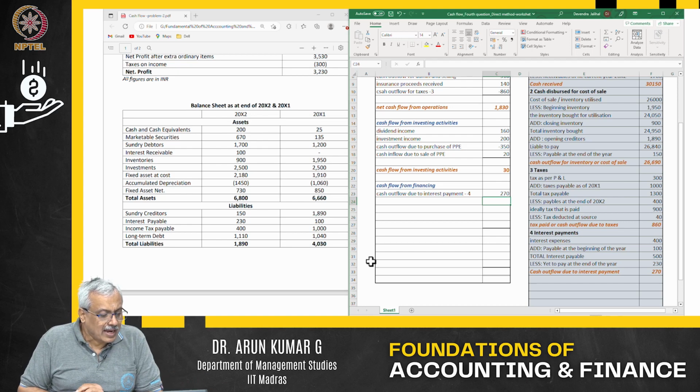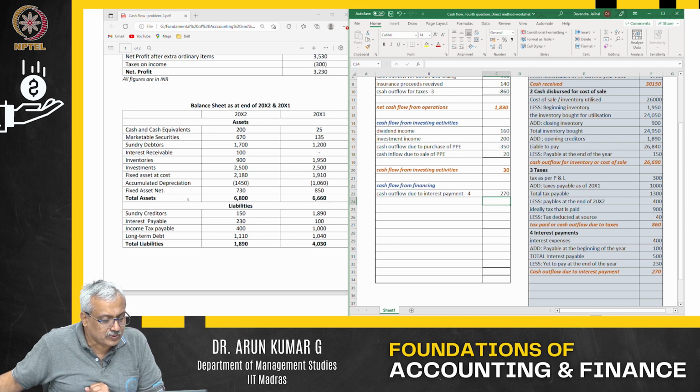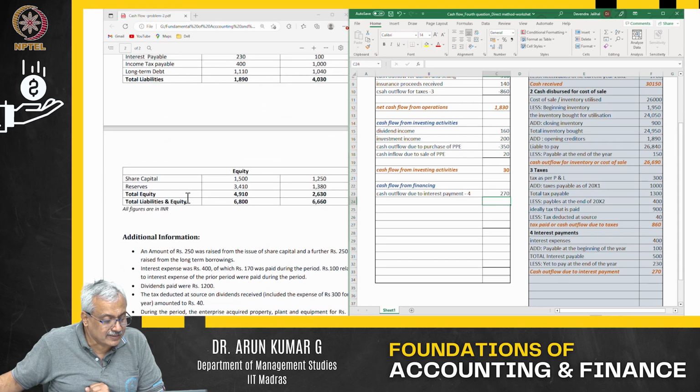Next, after interest payment, let us look at the other part. Interest payment is done. Then let us look at any other liability, anything to do with the investor, anything to do with financing. Financing is only share capital and debt.